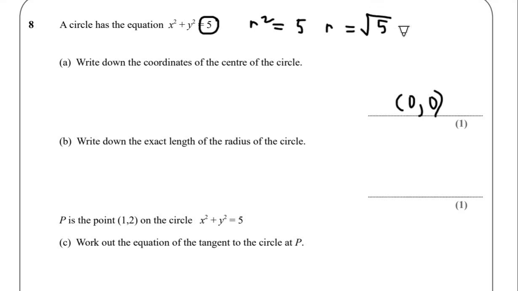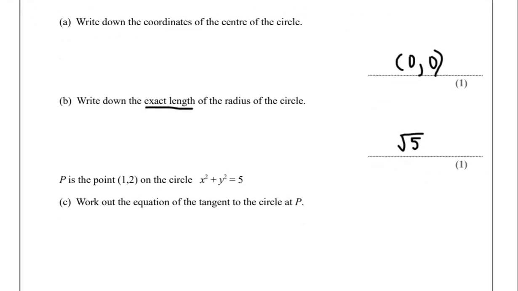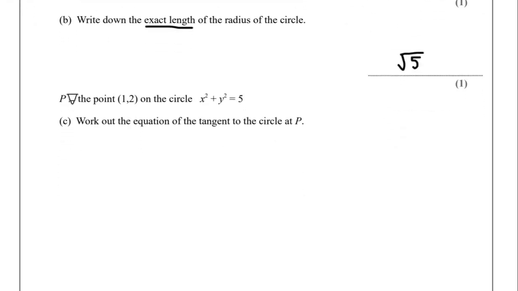So we don't need to find what this is from our calculator. We should write just square root of 5 as our answer, because they're asking for the exact length and not an approximation.